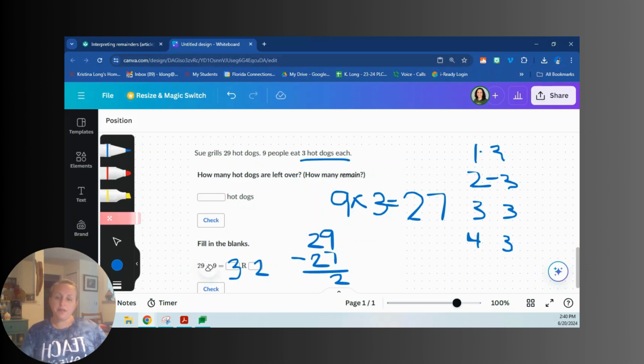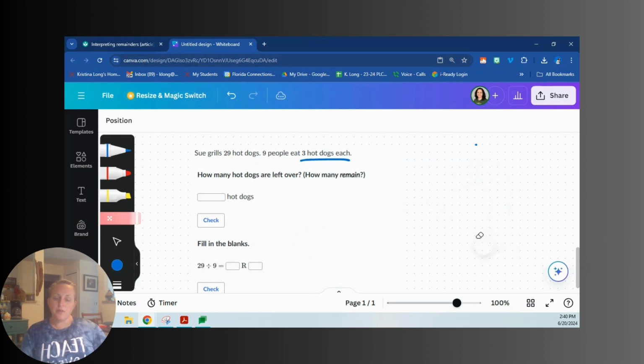But what would happen if, let's say, that Sue was buying hot dogs and they come in packages of 9. We'll keep it with 9. And she has, everybody's going to eat 3 hot dogs.